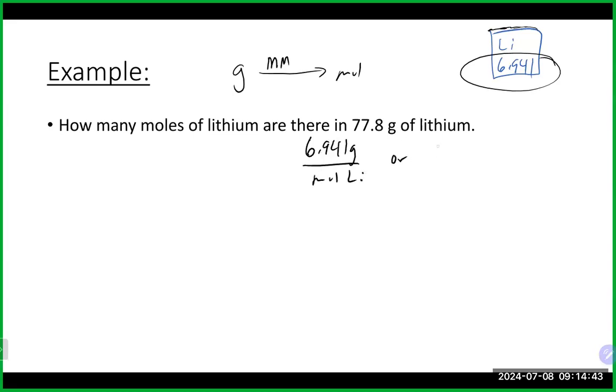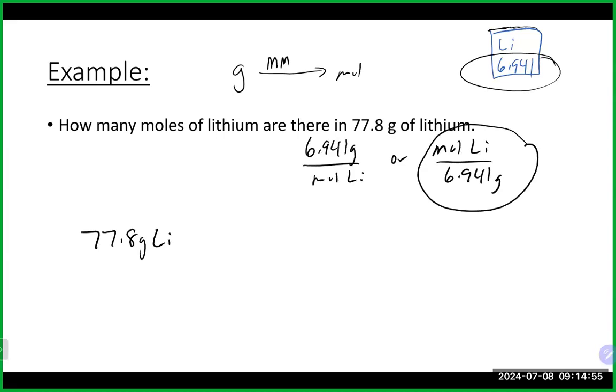Or again, we could use it the opposite way if necessary, with 6.941 grams on the bottom. Here we are starting with grams, so we do want to get rid of that, which means we need to use it on the right-hand side so that we're really dividing by our grams so that they cancel each other out. Moles of lithium up on top. Again, the grams will cancel. That's going to leave us moles.